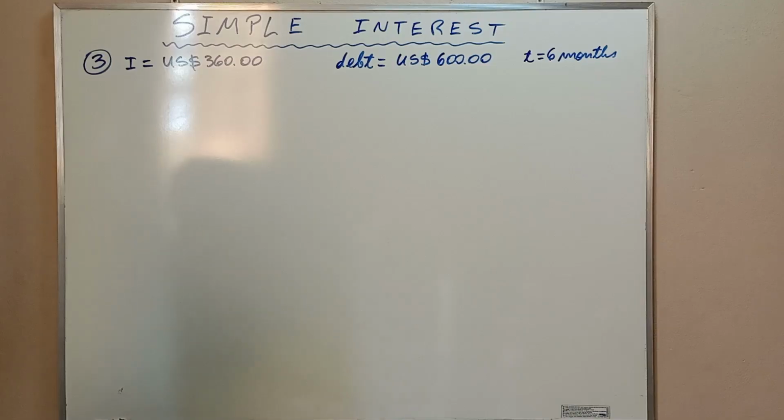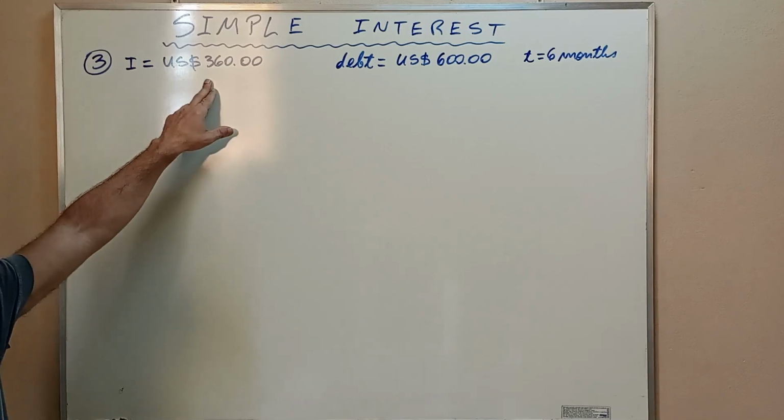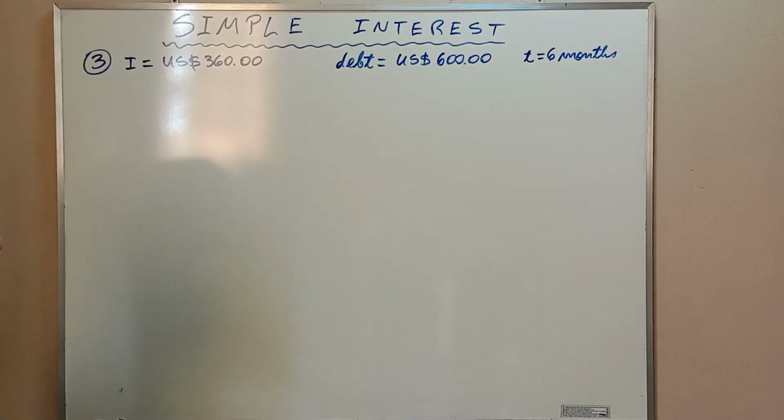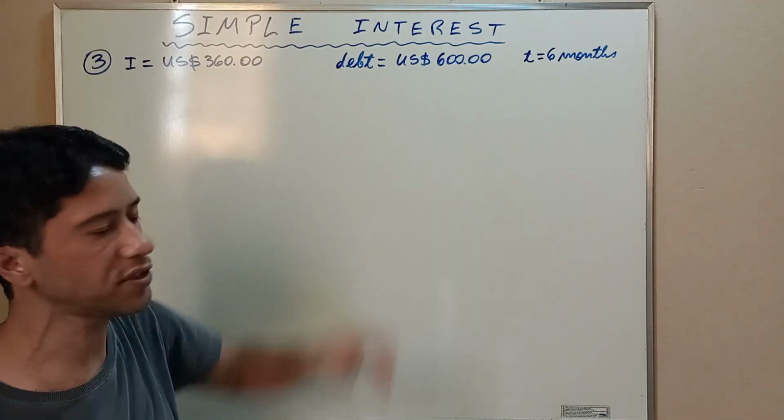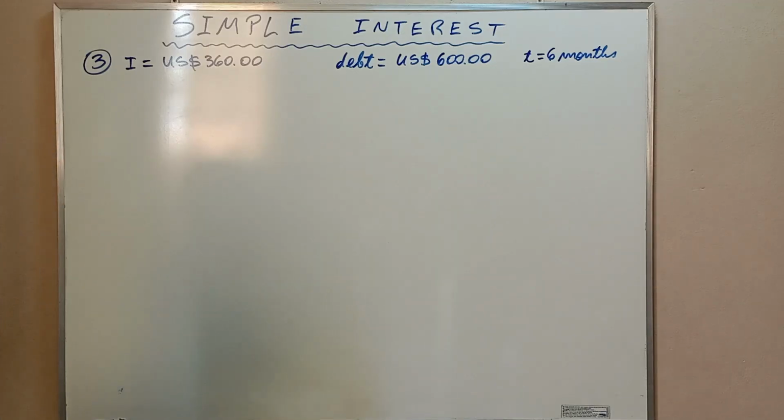But before going to the solution, let's review the information that the exercise provided. The exercise said that the bank charged $360 of interest for a delay of 6 months on a debt of $600, and the exercise wants us to calculate the monthly interest rate applied by the bank using the simple interest method.